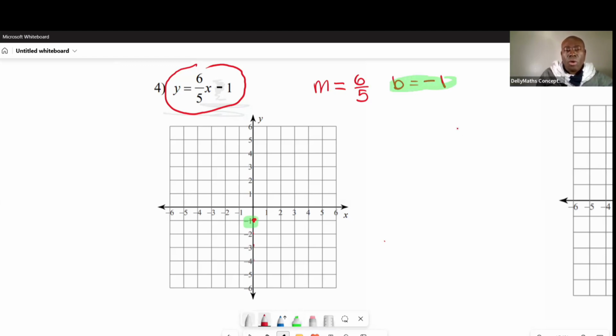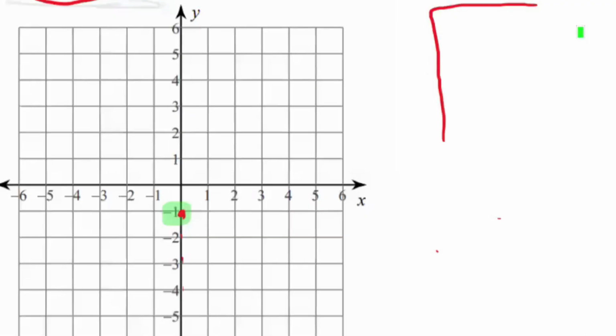And then what we're going to do now is use our slope to get the other point. So we're going to go up. It's positive, so we're going to go up 6 and across 5. Let's get it. So from -1, it's going to be 1, 2, 3, 4, 5, 6.